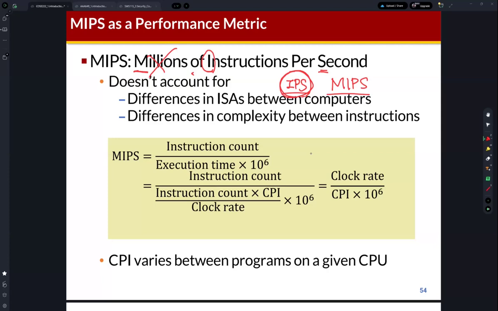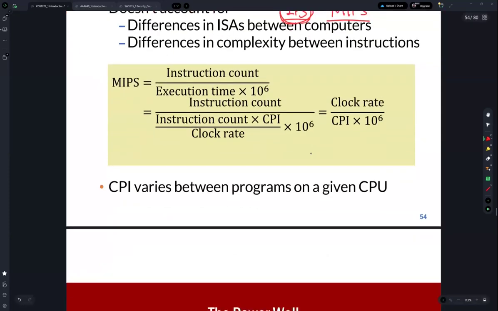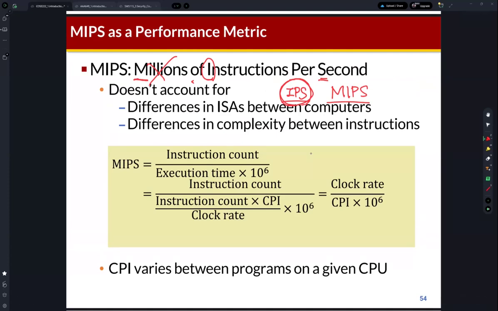Which part is missing? You need to remember the basic performance equation. What is the base? CPU time, the execution time, is the instruction count multiplied by CPI multiplied by TC.